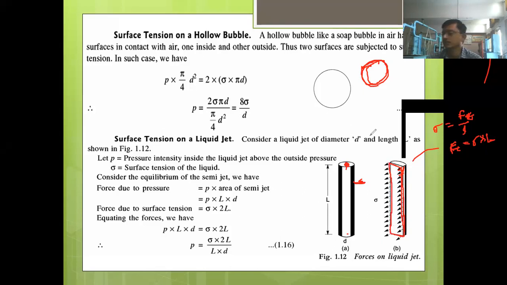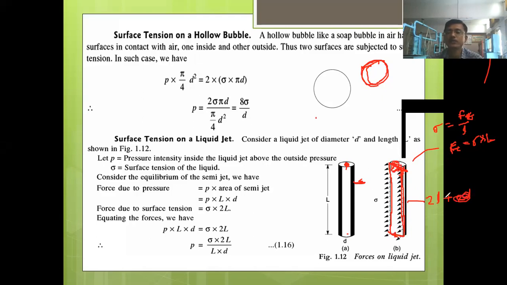Yes, but it may be expected from your side that this is looking like a rectangle, right? So its perimeter will be 2L plus 2D. This is the diameter, this D and this D. But here, if you look at this particular thing, there is no surface tension acting here, so it is not necessary to take this diameter length and this length.